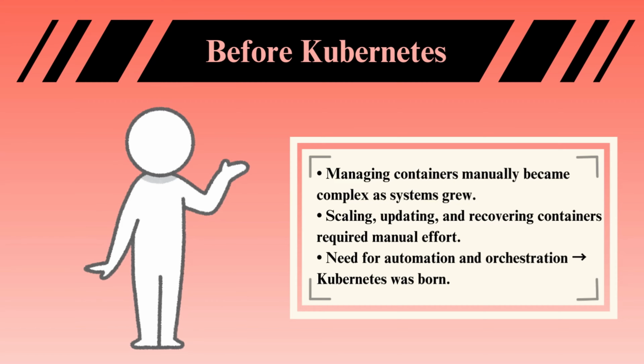You need to update, you delete and redeploy. So, as systems grew, developers needed a tool that could automatically handle scaling, healing, updating, and managing containers. The problem is too many containers, too hard to manage manually. The one solution is Kubernetes.